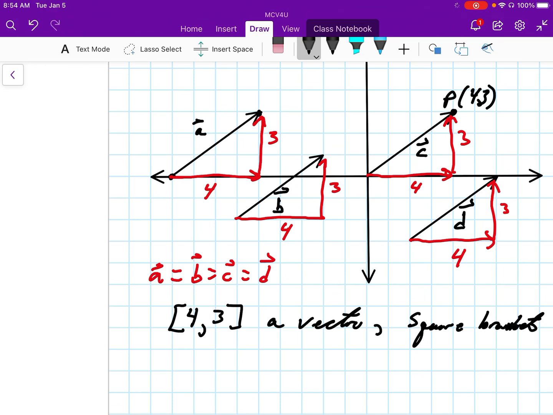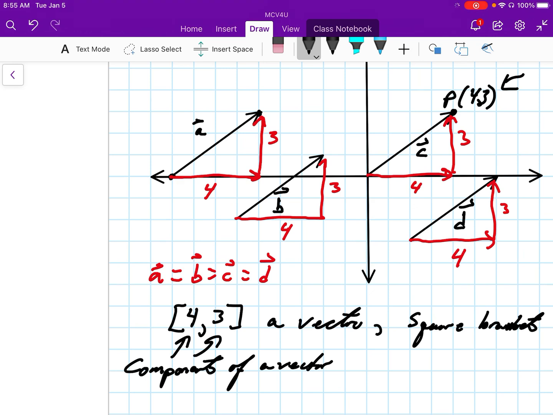Now, the textbook doesn't give you square brackets, it gives you rounded brackets. It's another problem with the textbook, but I want to make sure that when you give me vectors, you're giving me square brackets. If you give me round brackets, then you're giving me a point and not a vector. The other thing we've learned is that the 4 and the 3 are the components of a vector, whereas with round brackets for the point, you've got coordinates.